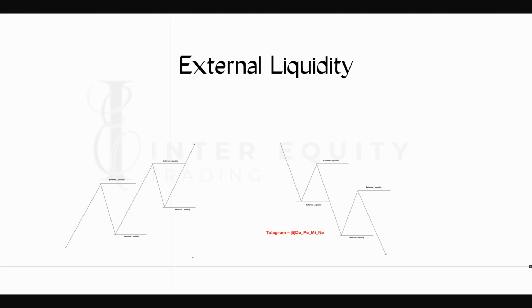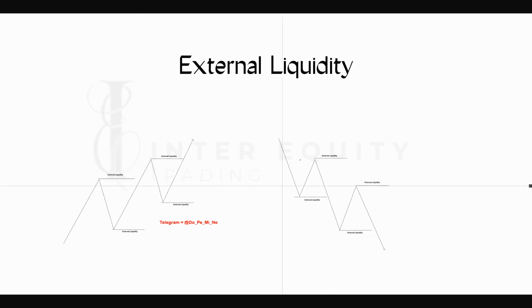Look how each time price broke above an external liquidity, it pulled back. There was a move in the opposite direction. So if the direction was going up, after taking out the external liquidity, price moves down and then prints a higher low, moves up, takes the external liquidity, and then you can anticipate a move back down.